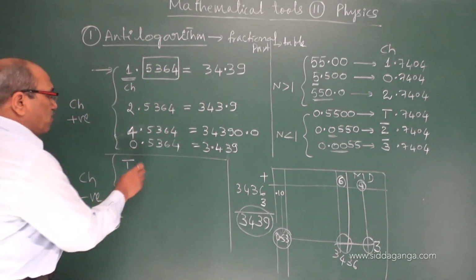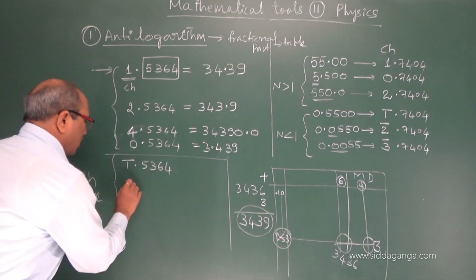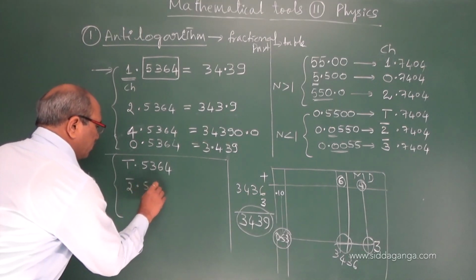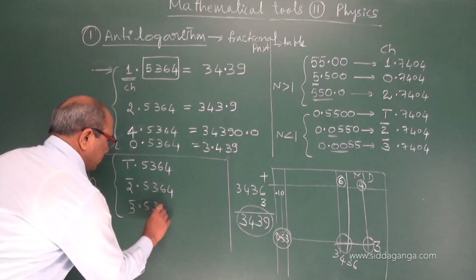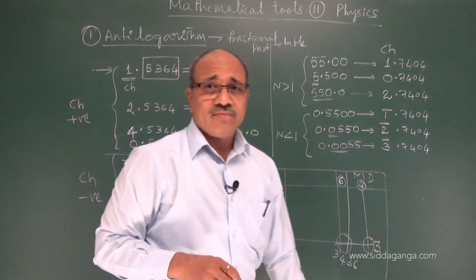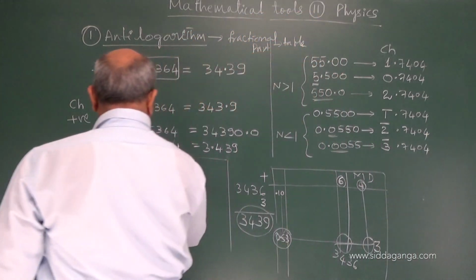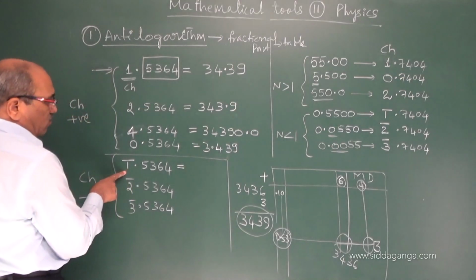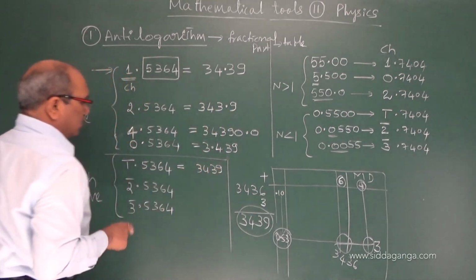Now coming to bar 1.5364 or bar 2.5364 or bar 3.5364, what can be done? The problem is here. For bar 1 values, we got 3439.